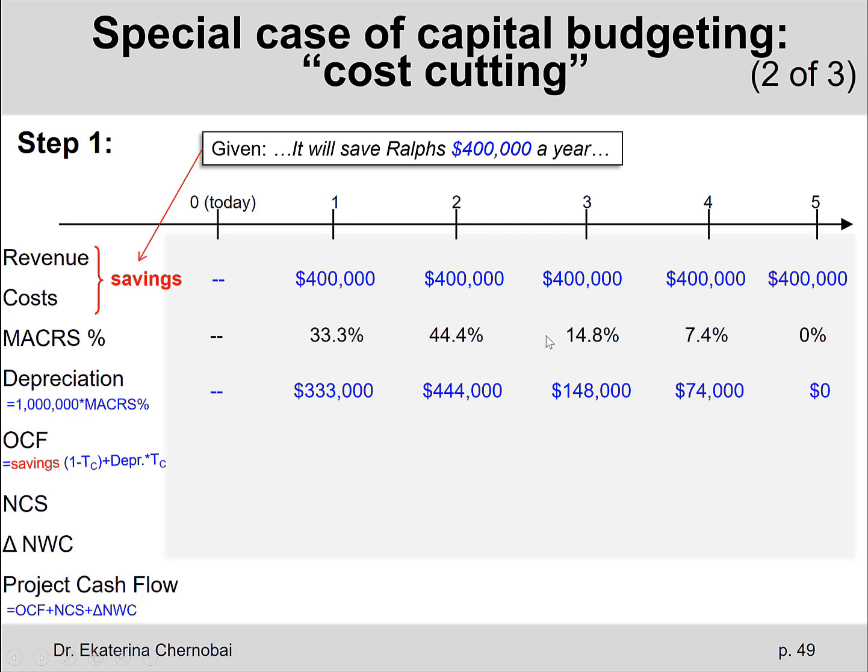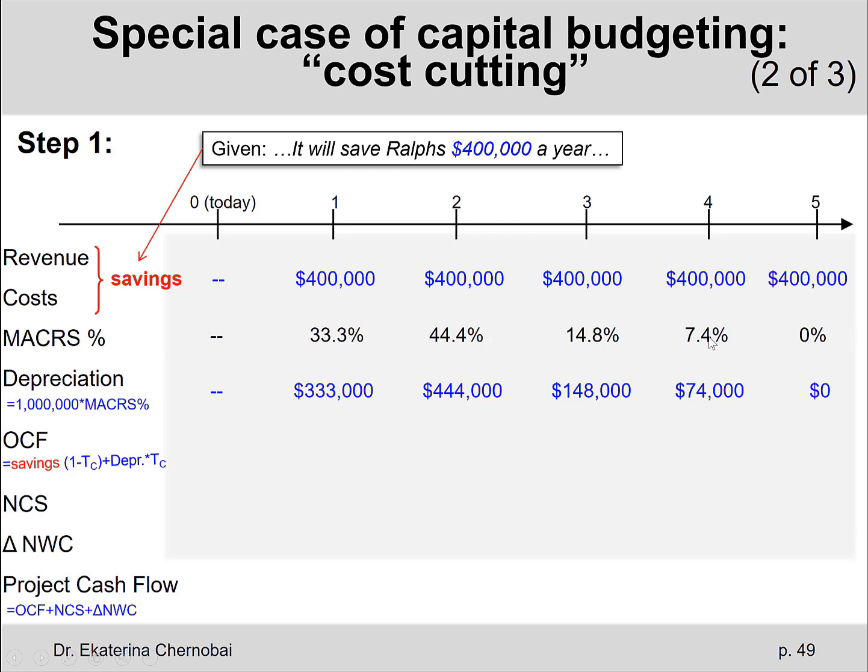For that property class, we will have 33.3% for year 1, 44.4% for year 2, 14.8% for year 3, and 7.4% for year 4. This is the end of the economic life of a 3-year property class asset. And so for the 5th year, you can put 0% because all value has already been lost.